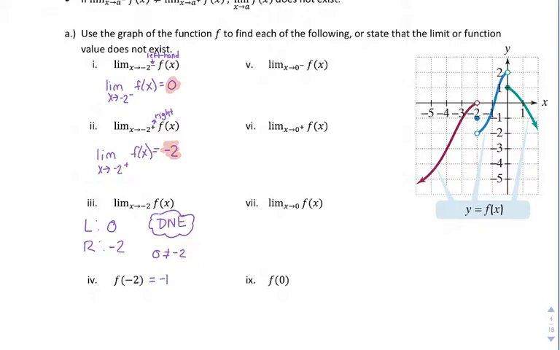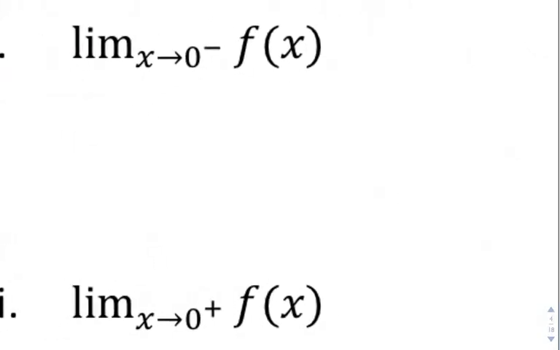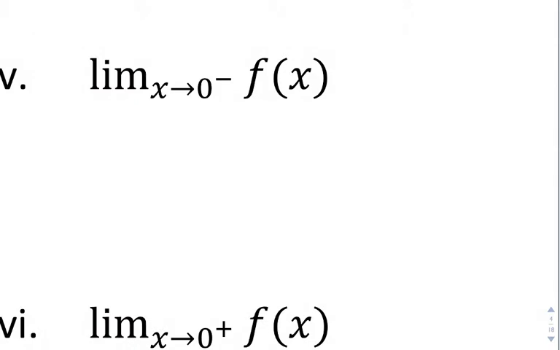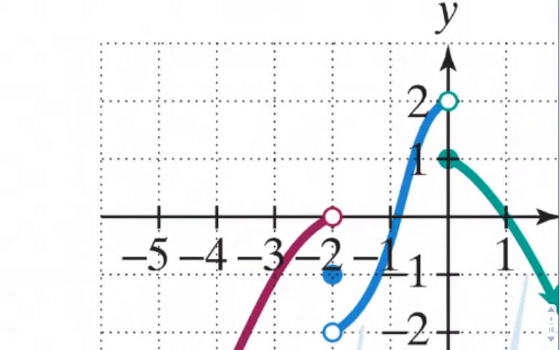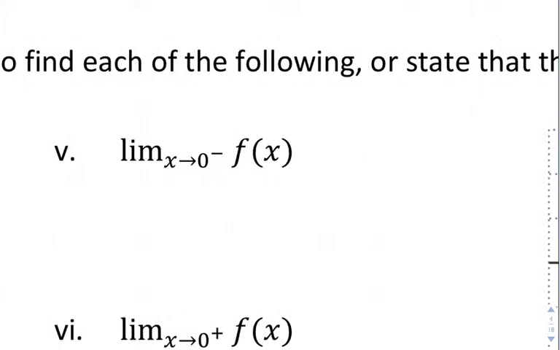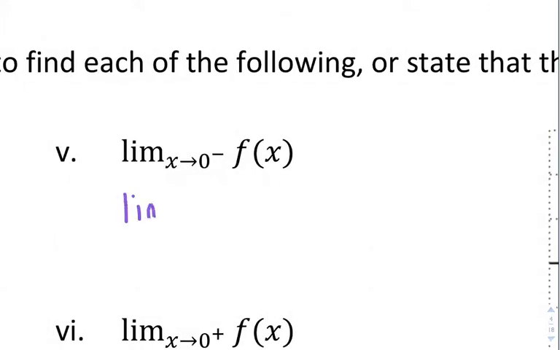So this one says limit as x approaches 0 from the left hand side, because negative's in your exponent. So as it approaches 0, I notice it's this blue graph, and it gets closer and closer to 2. So my limit as x approaches 0 from the left hand side is 2.